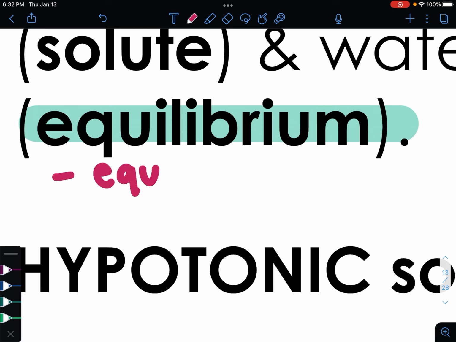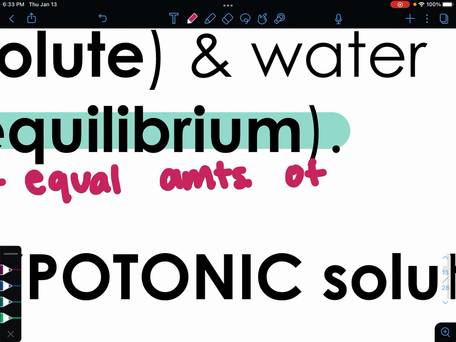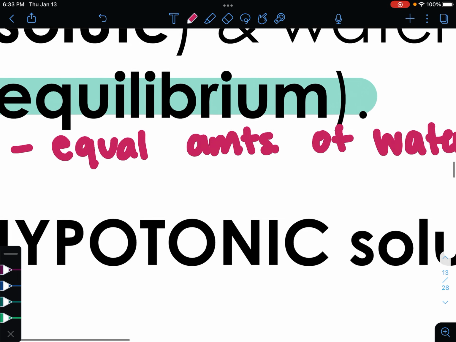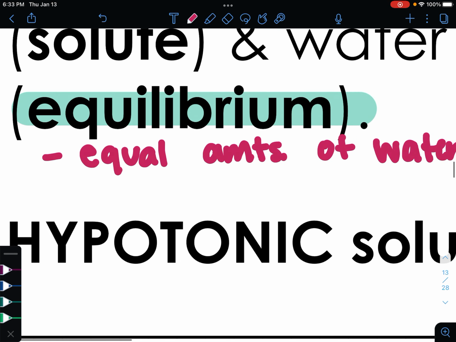So we have equal amounts of water in and out of a cell, for example. Okay, again, just because we're at equilibrium, we still have movement.